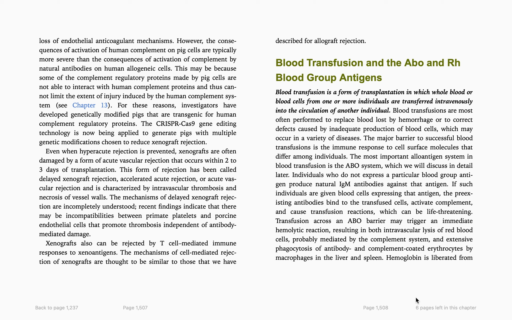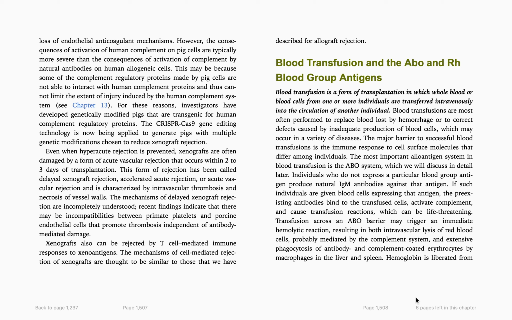For this reason, investigators have developed genetically modified pigs that are transgenic for human complement regulatory proteins. The CRISPR-Cas9 gene editing technology is now being applied to generate pigs with multiple genetic modifications chosen to reduce xenograft rejection.